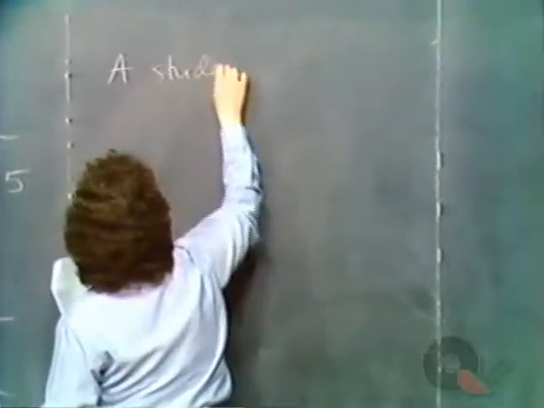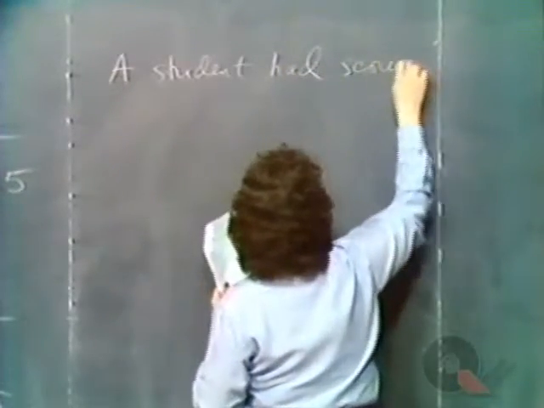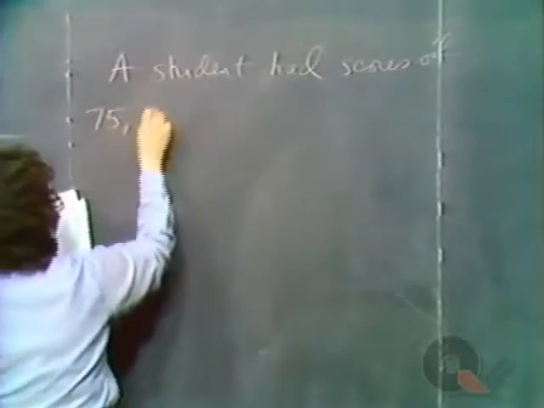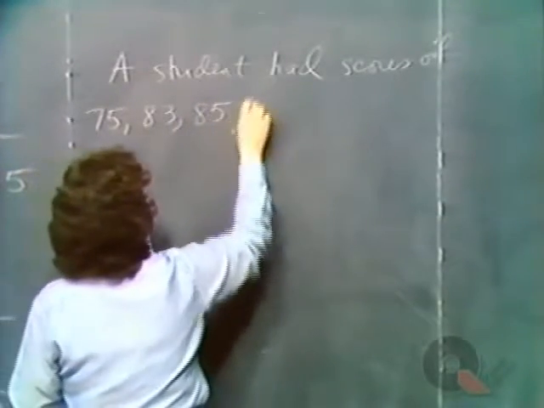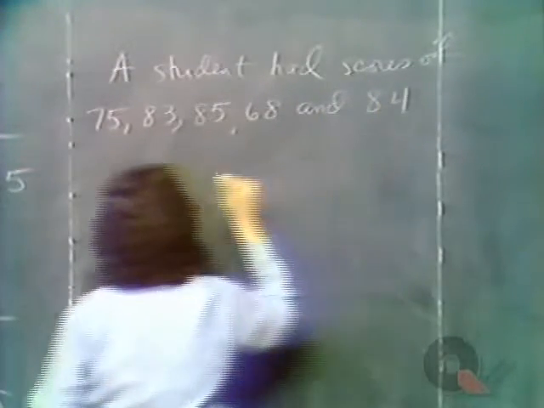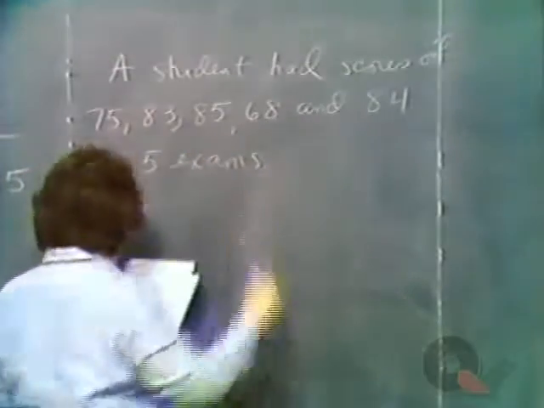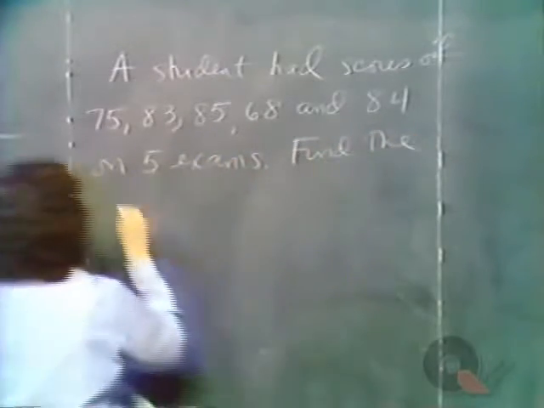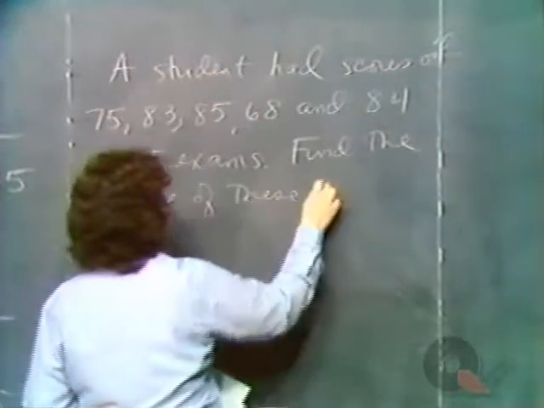A student had scores of 75, 83, 85, 68, and 84 on 5 exams. Find the average of these grades.